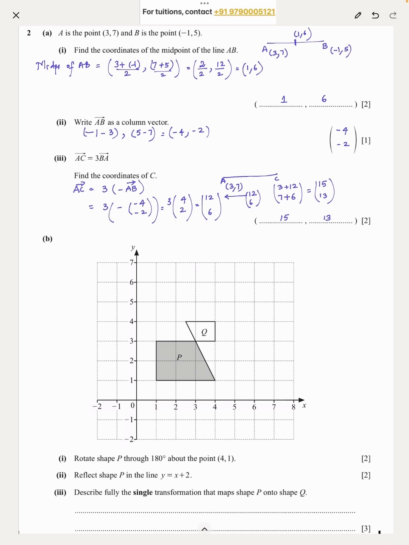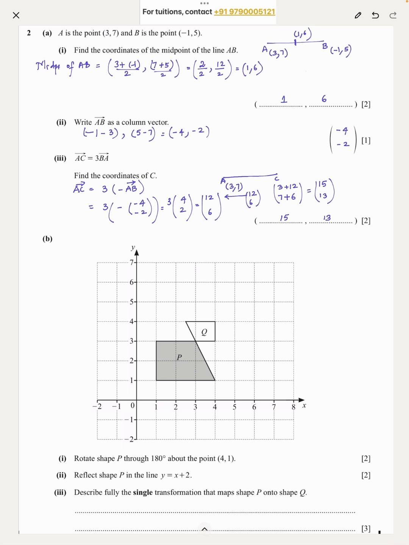Subdivision B. Now there is a graph given to us. There's a trapezium sort of figure P, which is shaded, and I see another small trapezium Q. It looks similar.